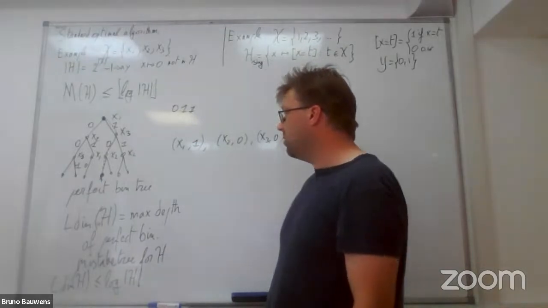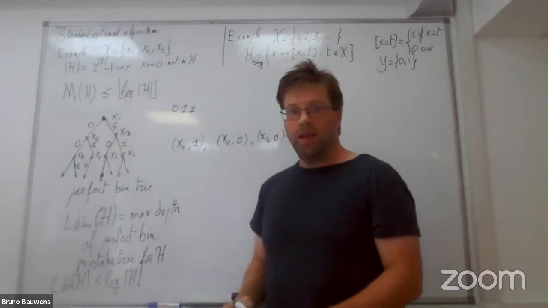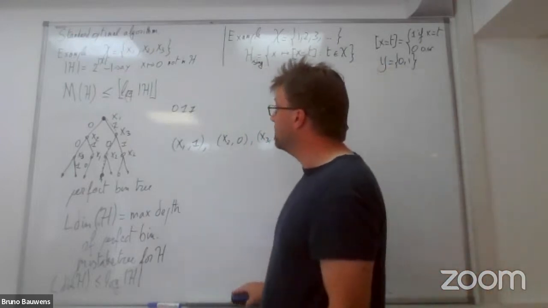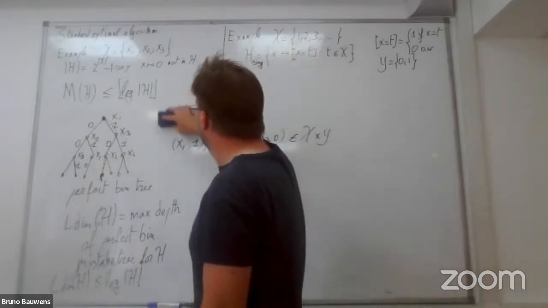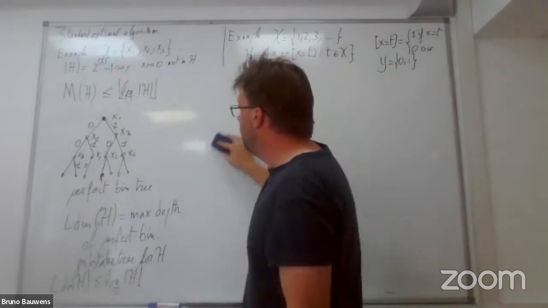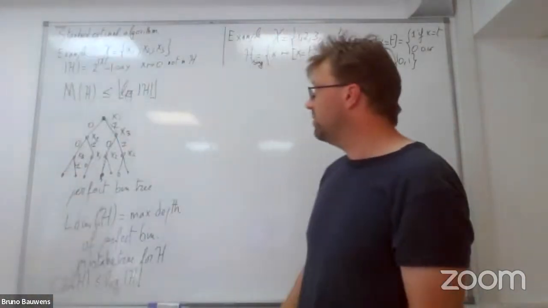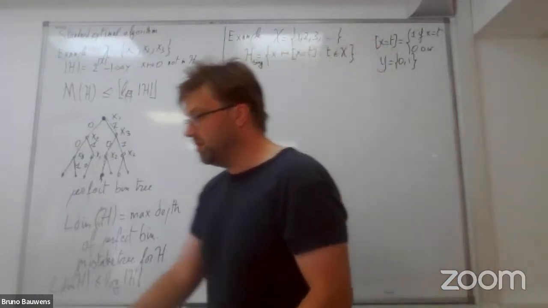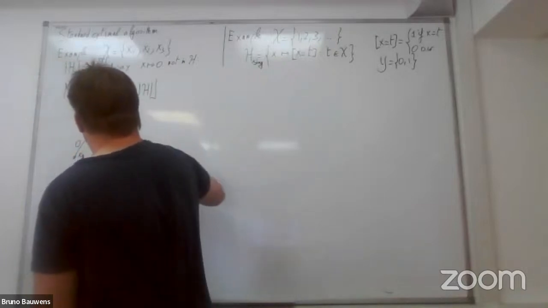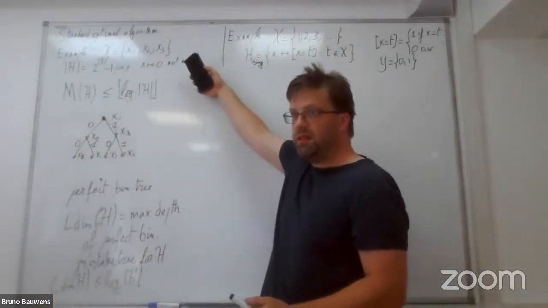Okay, so now we understand what the Littlestone dimension is, and there is an easy property in the game we just considered. A mistake tree encodes a strategy of the challenger. So this is the mistake tree of our example here.